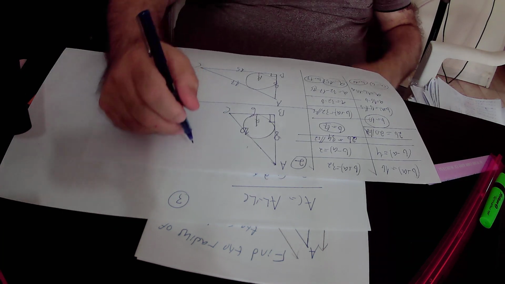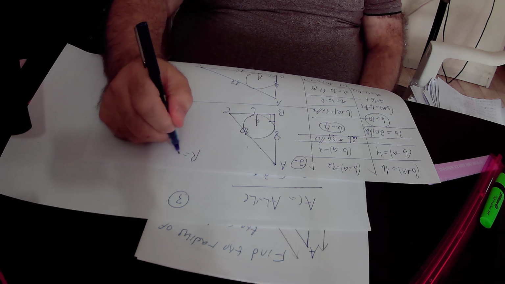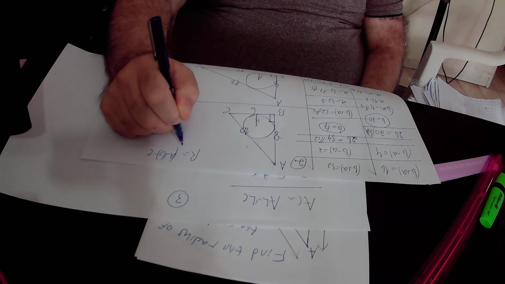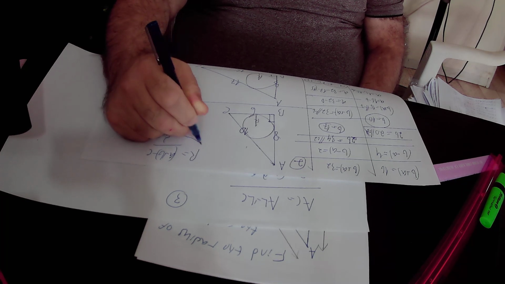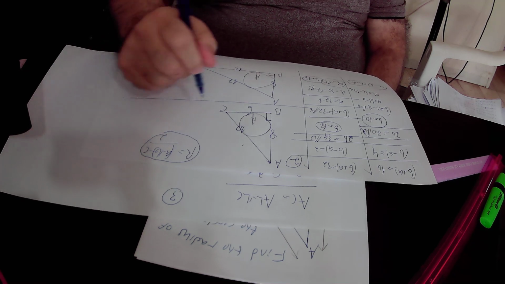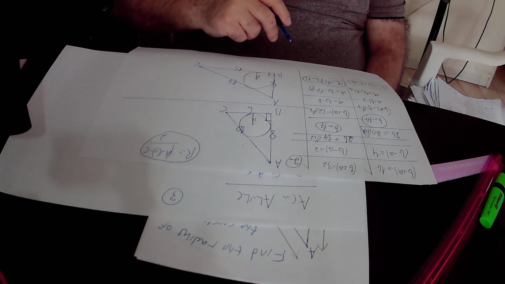According to the formula, the radius of those two circles will be equal to A plus B minus C over 2. A plus B is the sum of their perpendiculars, while C is the hypotenuse.